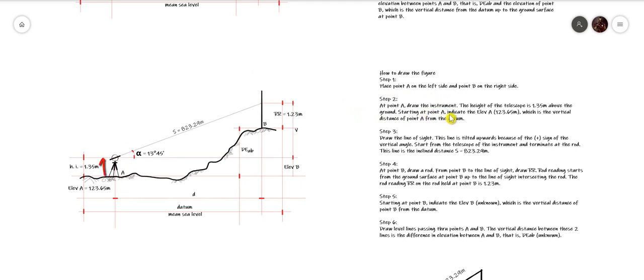The height of the telescope is 1.35 meters above the ground. Starting at point A, indicate the elevation of A as 123.65 meters, which is the vertical distance of point A from the datum.